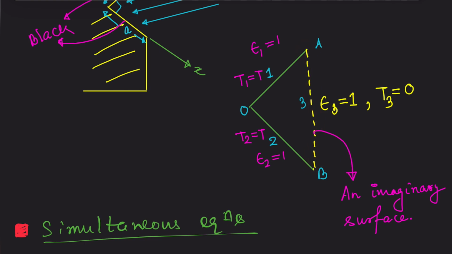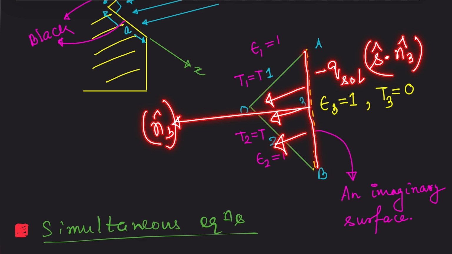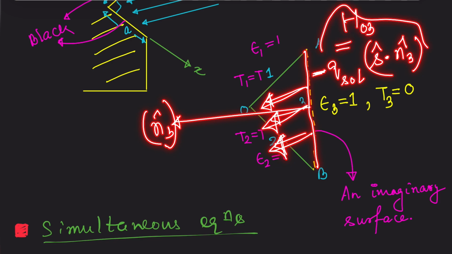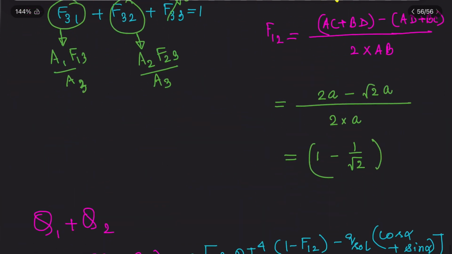And I am considering that this surface is having an irradiation of q sol s hat dot n3 hat. And what is the n3 hat? This is this thing. Because q sol is actually leaving the surface, if I have to consider the irradiation, that is why I am considering this minus sign. So this is my HO3. Considering this HO3, you find the answer.